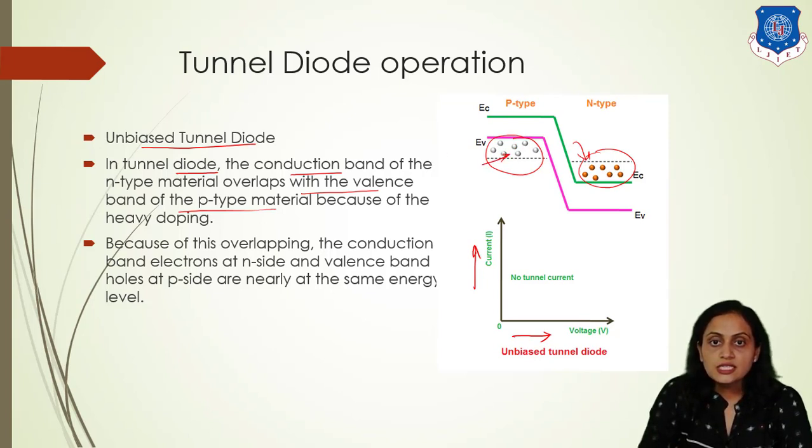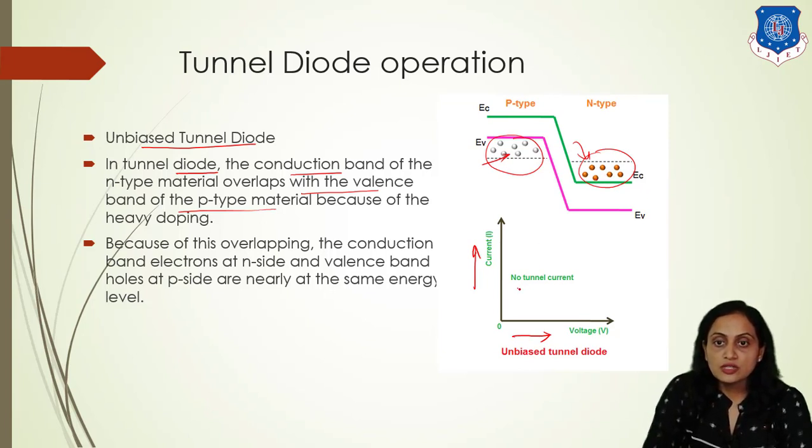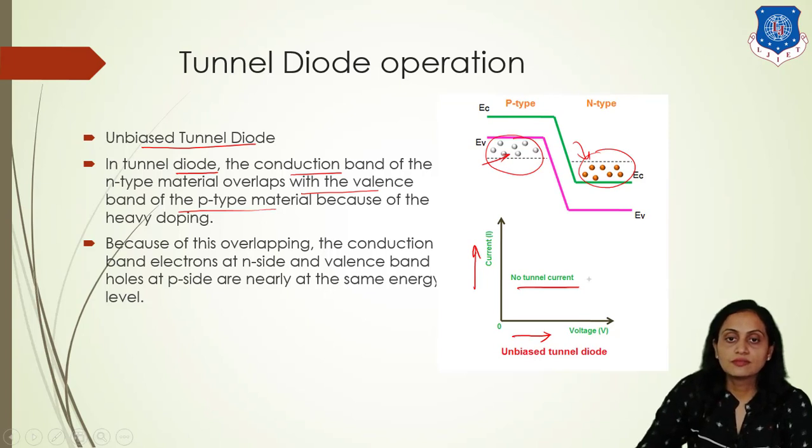Because of this overlapping, the conduction band electrons at the n side and the valence band holes at the p side are at the same energy level. As we have not applied any external voltage, there will not be any flow of carriers. So no tunnel current.